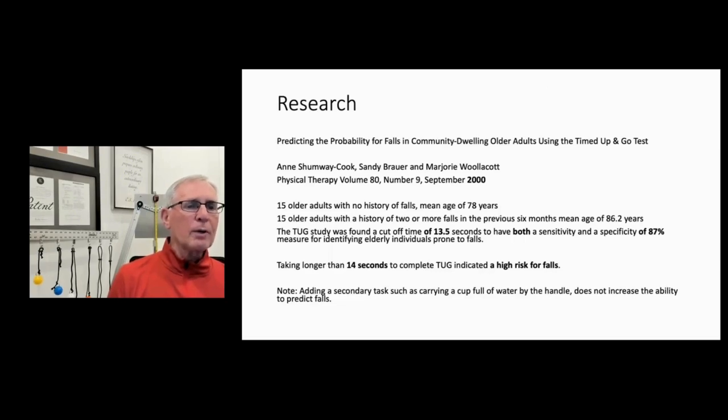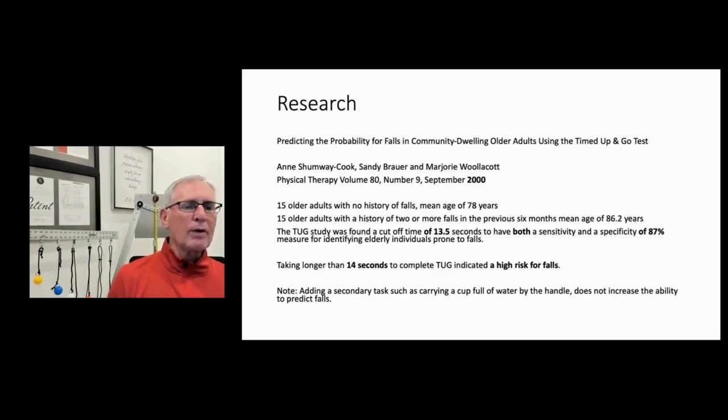Research for the assessment dates back to 2000 with Anne Shumway Cook, Sandy Bauer, and Marjorie Willicott. What they looked at was populations of fallers and non-fallers, and they found that through the timed up and go test, the cutoff score was 13.5 seconds to have both sensitivity and specificity at 87%.